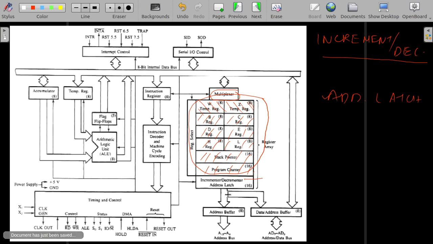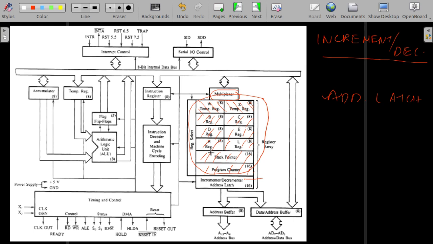Similarly, once we have identified the location and we want to write or read some data, there should be some interaction between the outside world, that is the external memory bus, and the internal bus. It is not like we are just directly connecting the two buses together.